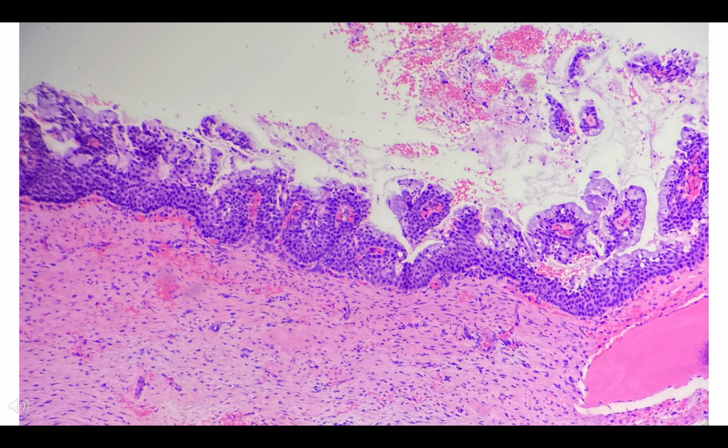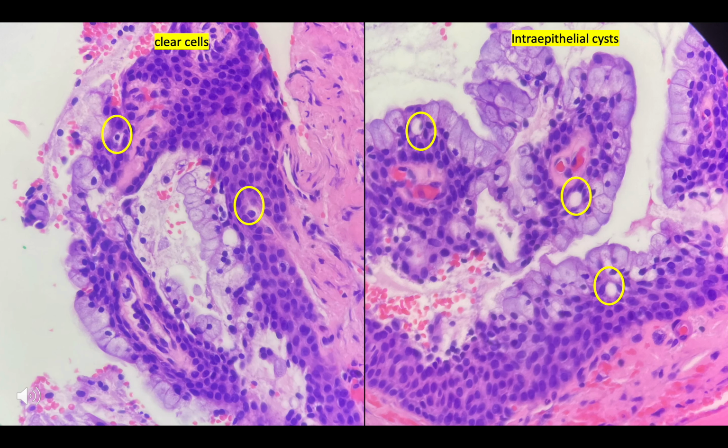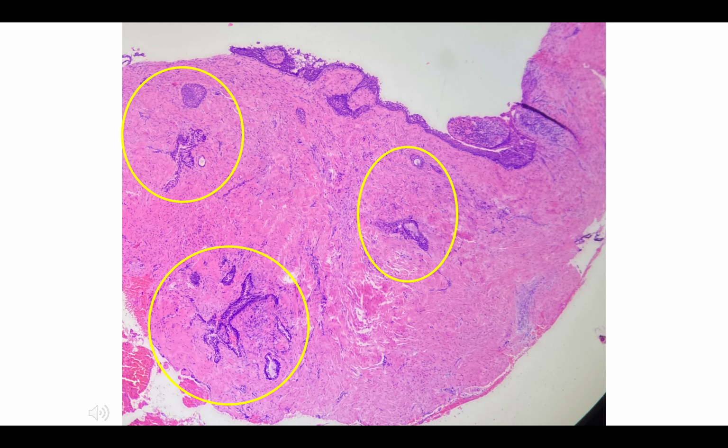The cuboidal to low columnar epithelium also contains an abundance of mucous cells in the luminal layer. And in areas, we can see presence of basal and parabasal clear cells and also intraepithelial cysts. In the focal area of the cystic wall, glandular epithelium forming islands is also observed.